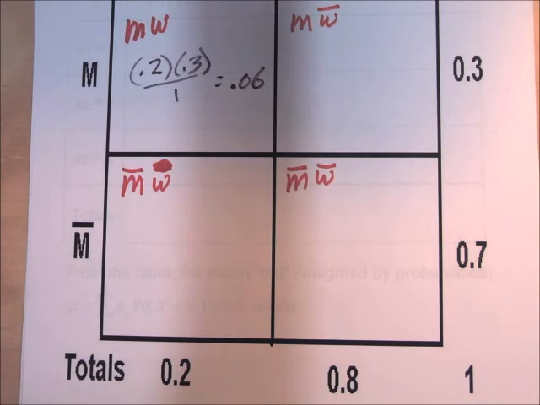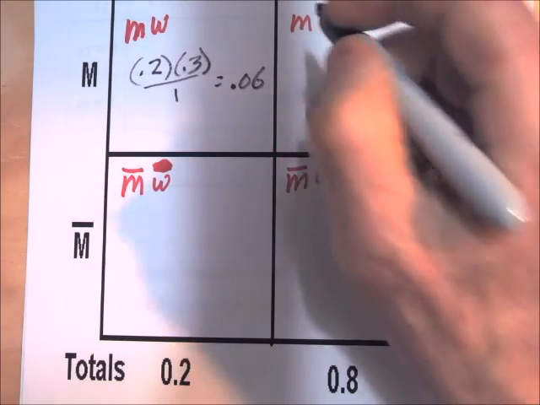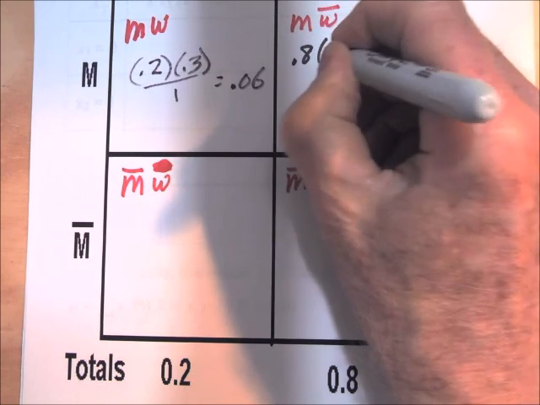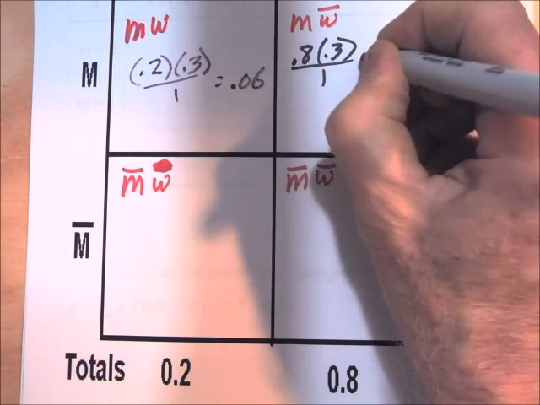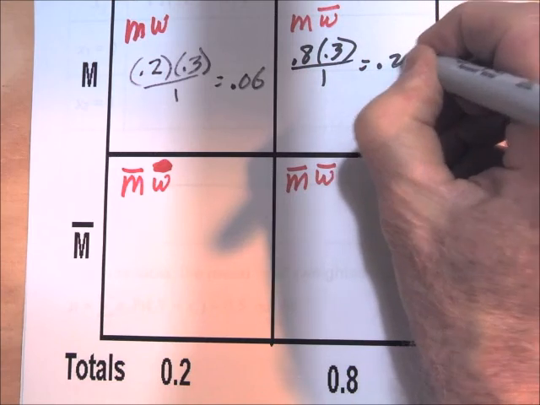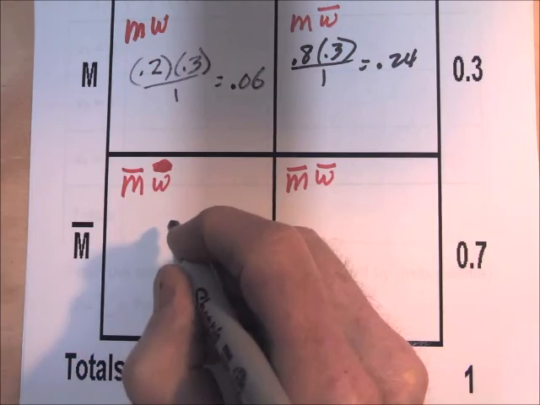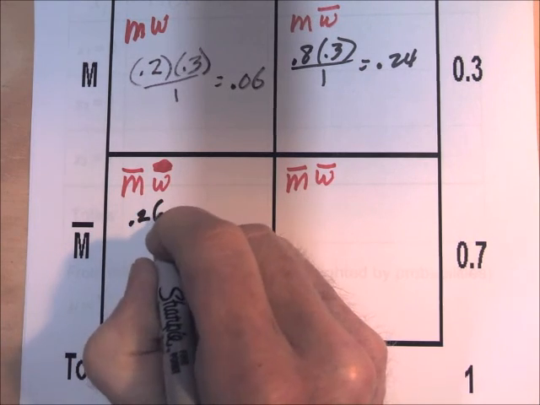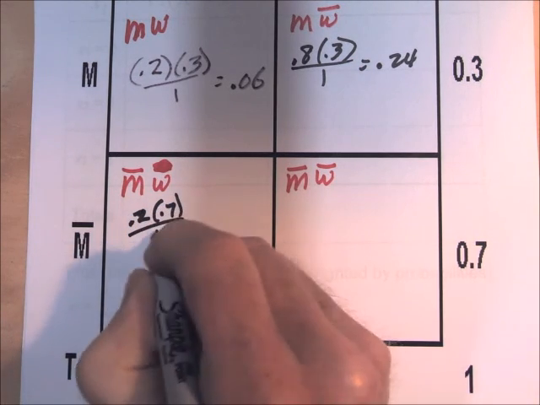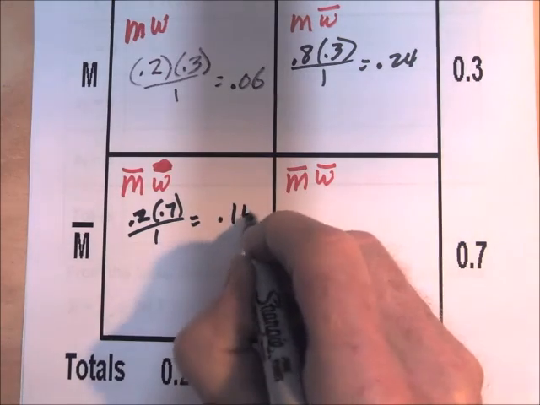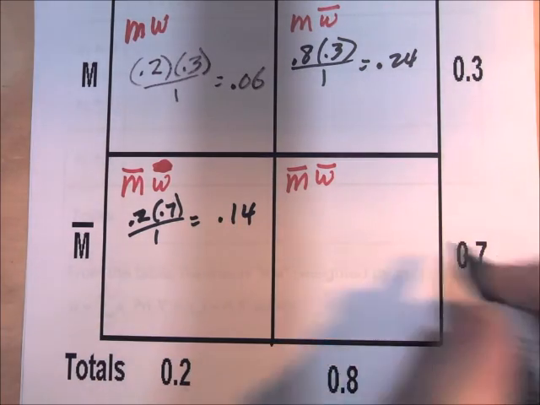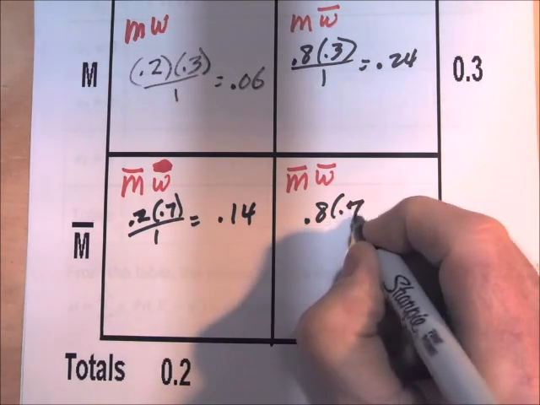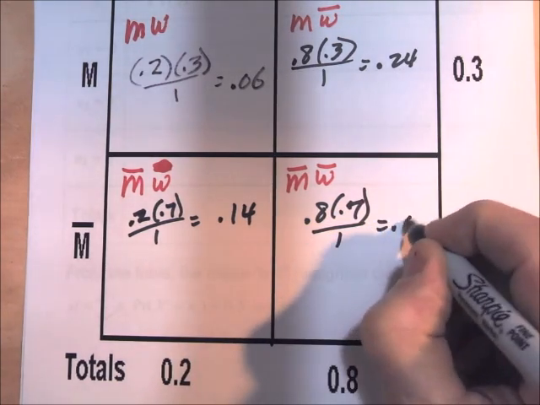And then this one will be 0.8 times 0.3, divided by the grand total, which is 1, so this is going to be 0.24. And this one will be 0.2 times 0.7 divided by 1, 0.14. This is 0.8 times 0.7, divided by 1, is 0.56.